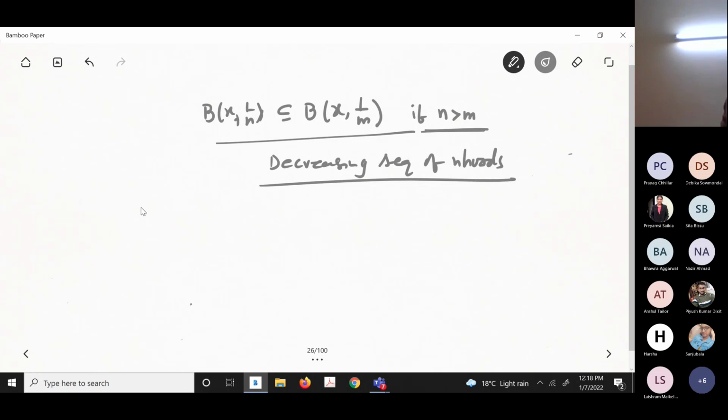But here you see, suppose B_n is a local base at x. Then I can replace it by this W_n, the finite intersection of the first n members.